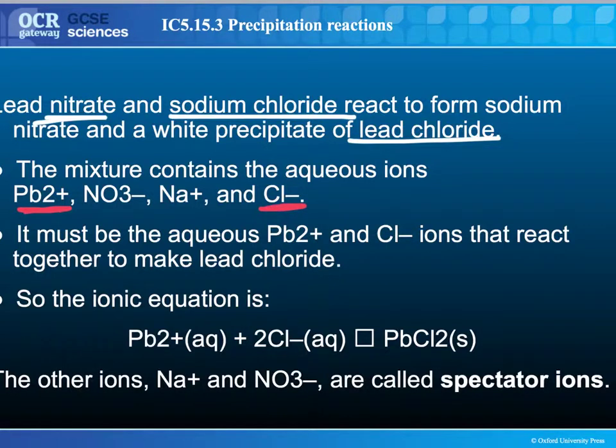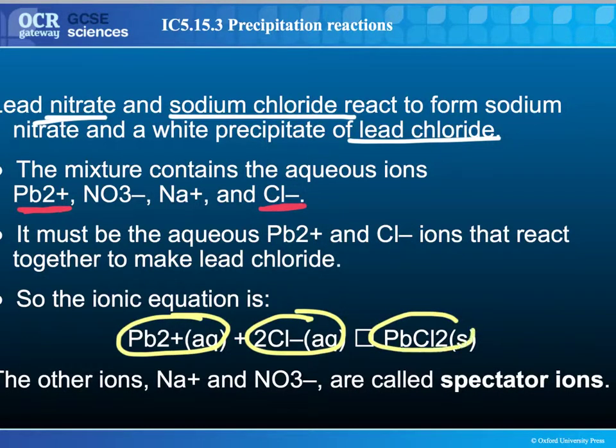So when we write the ionic equation, we only write out the lead and the chloride to form PbCl2, lead chloride. It has to be balanced, we need two of the chloride ions there. The other two ions that are involved, the sodium and the nitrate ions, are described as spectator ions. They're not involved in the ionic equation that we're bothered about, but they are present.